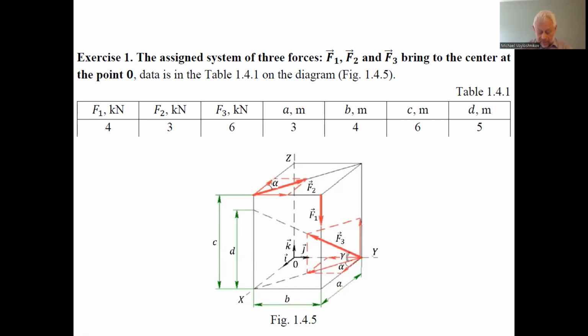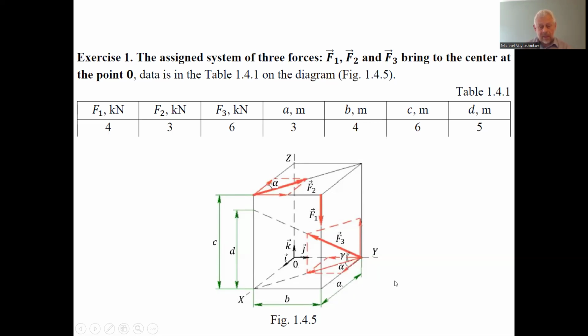The cosine alpha is 0.6. We find this as the diagonal is 5 meter, the leg A is 3 divided by 5 meter, which is cosine of angle alpha.